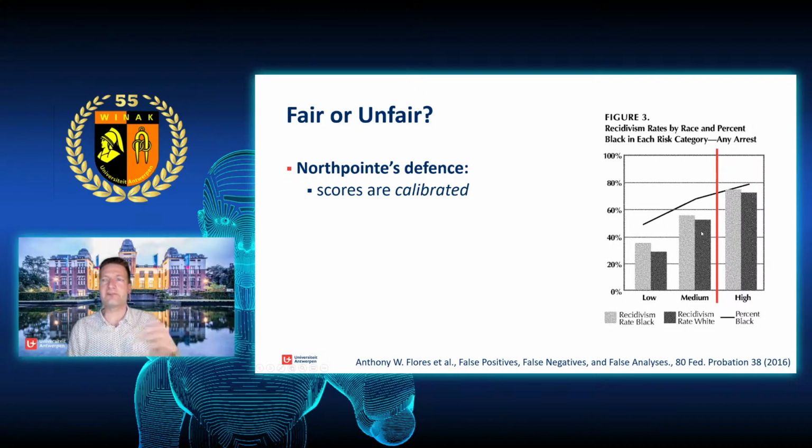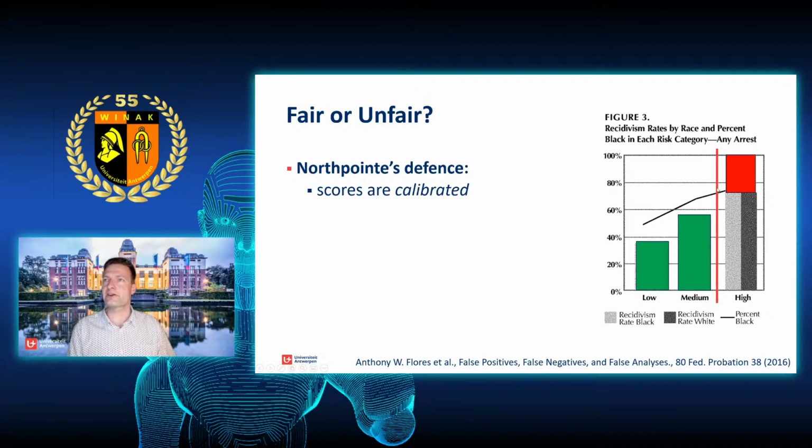It's a different type of error than the one we were making for those people here. The error we're making here is giving someone a decision which is too positive because they will recommit a crime, and the same for the low risk category. There are no errors here where someone gets the label you should stay in jail while they are not recidivists, because everyone here gets out of jail.